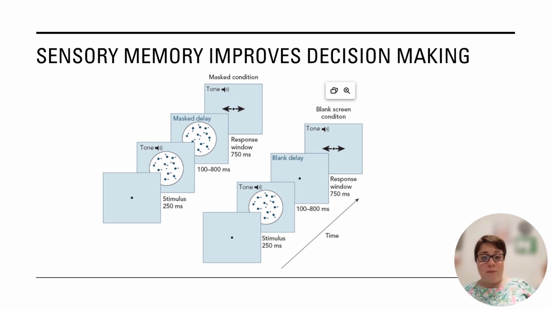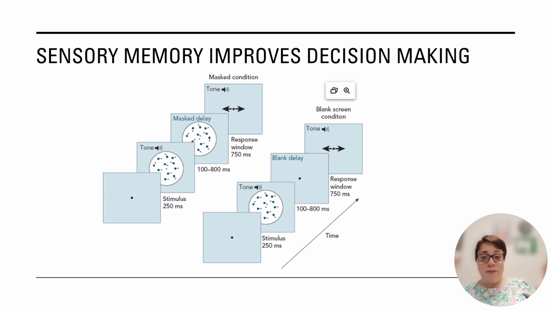They concluded that participants use sensory memory when it is available to improve their decision-making processes, specifically their accuracy, and the quality of the information extracted from sensory memory improves with a delay of up to about 500 milliseconds.